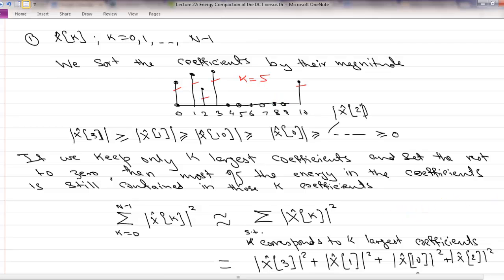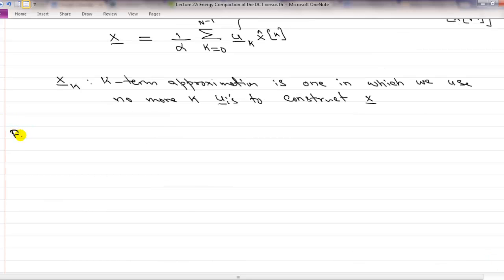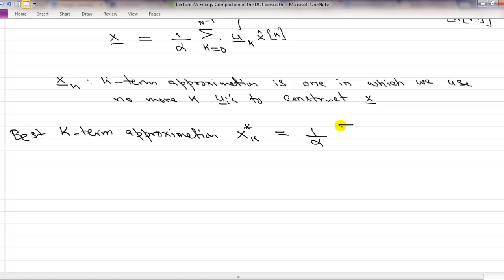Okay? So the best k-term approximation is formally defined as, let's use x star of k, 1 over alpha summation of u of k x hat of k, where k belongs to some index set I. So you are not going to use all the k's.